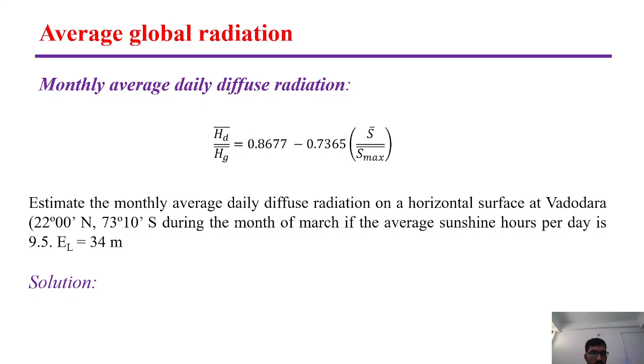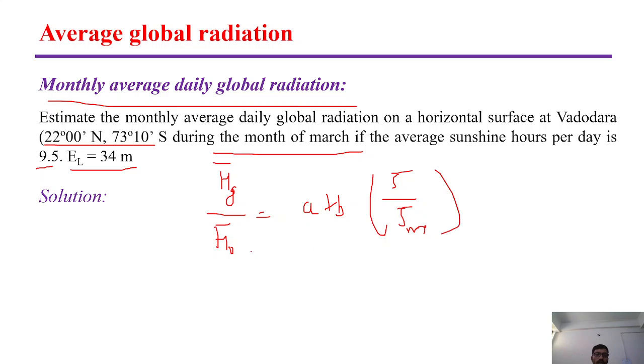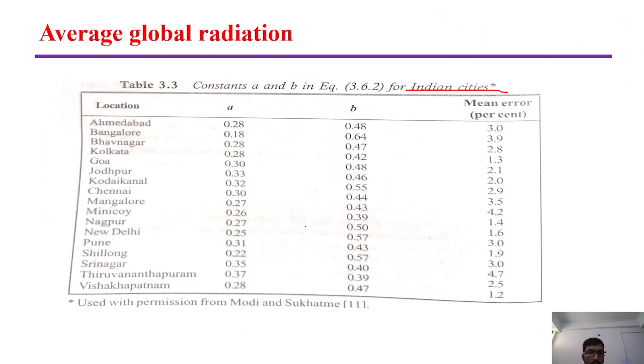Okay, so how to solve it? The equation we know to solve it is: average of Hg, that we have to calculate, upon H naught is equal to A plus B, average of the daily sunshine hours over the average of the maximum daily sunshine hours. The values of A and B we can get from the given table.